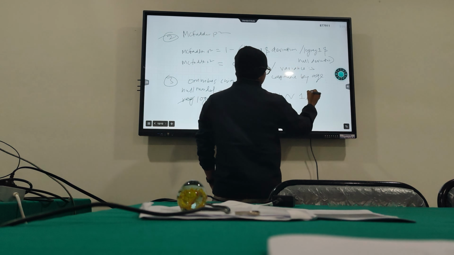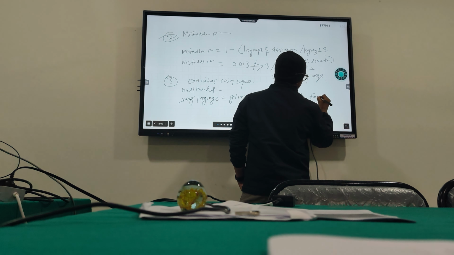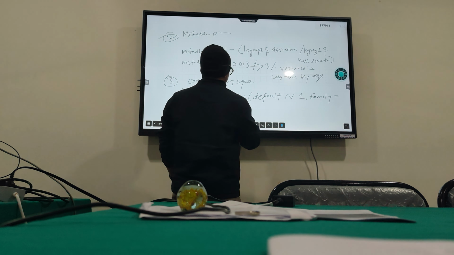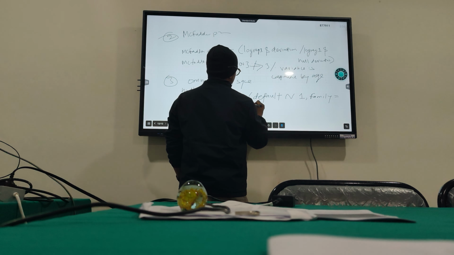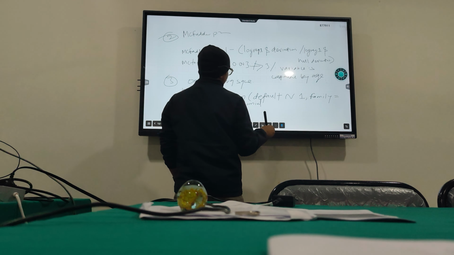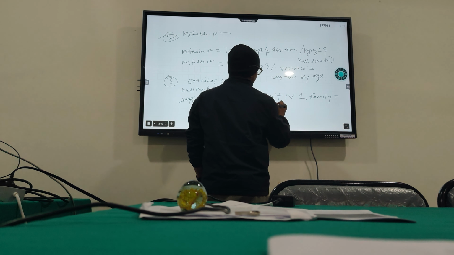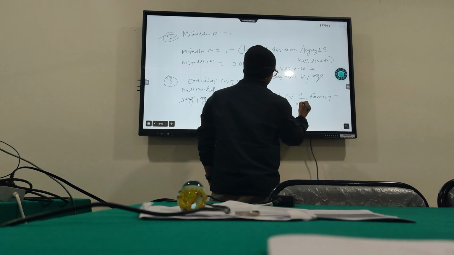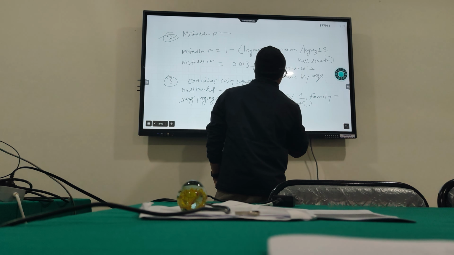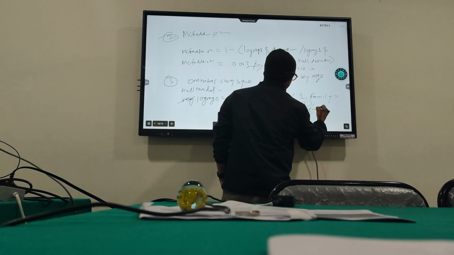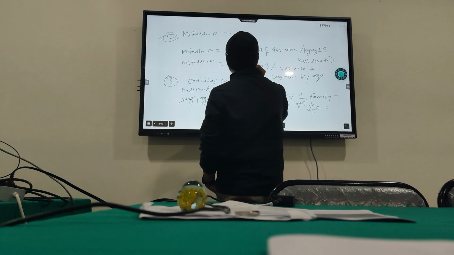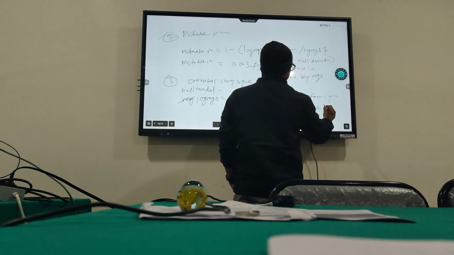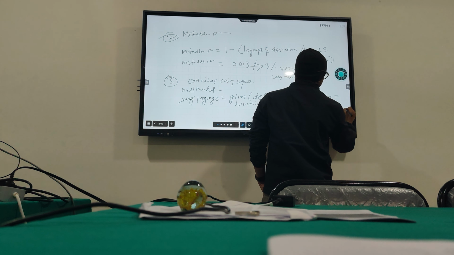Same thing here: family equals binomial, link equals logit, and data equals bank loan.